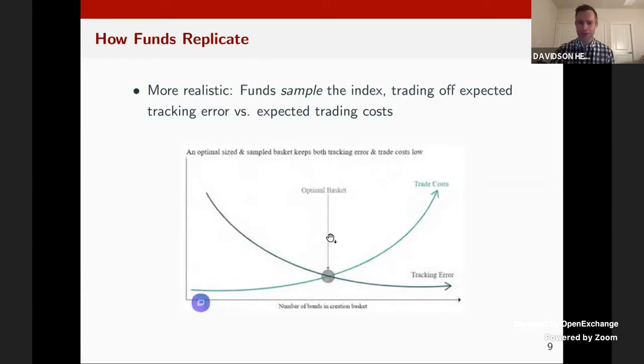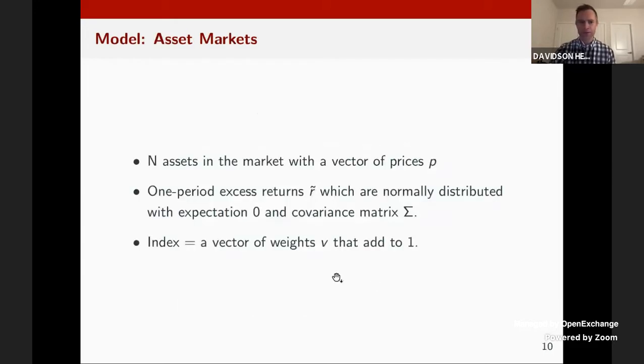And in so doing, the trick is to optimally balance expected trading costs, which increase in the number of assets, in this case they were talking about bond ETFs, but the point is more general, along with tracking error, which goes down in general with the number of underlying assets you include in your basket. Okay, so that's the model in a nutshell.